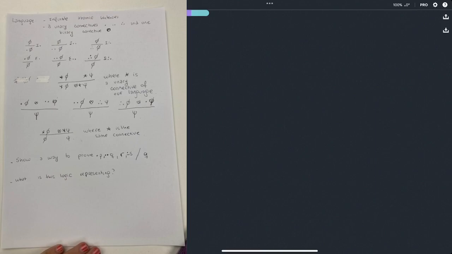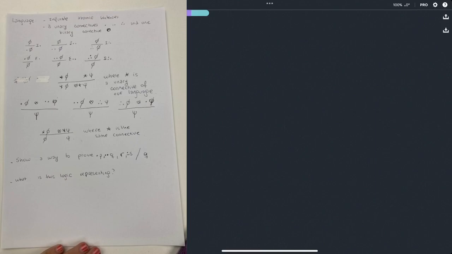Judging by what I can see below, those are written similarly to how negation is written, right before the sentence that they apply to. That works out well. And 1 binary connective, which looks like this sort of heart pretzel kind of thing. So let's take a look at what we've got here.